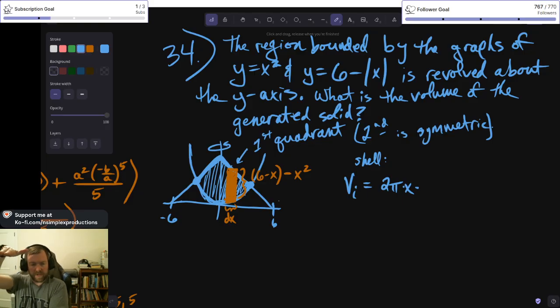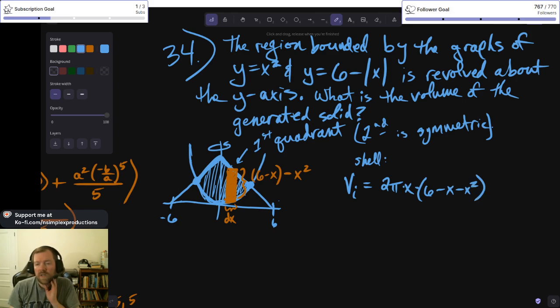Then we multiply it by its height, which is the function 6 minus x squared. Then we multiply by our dx, or in this case delta x sub i.